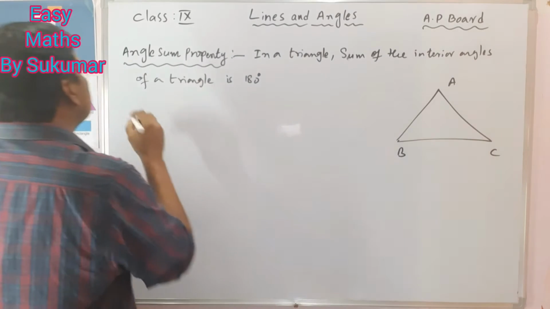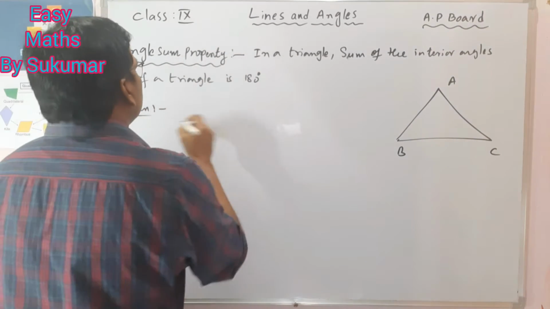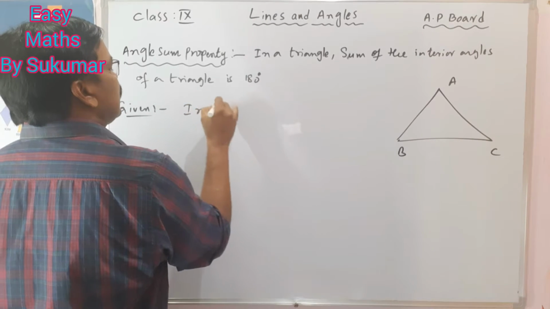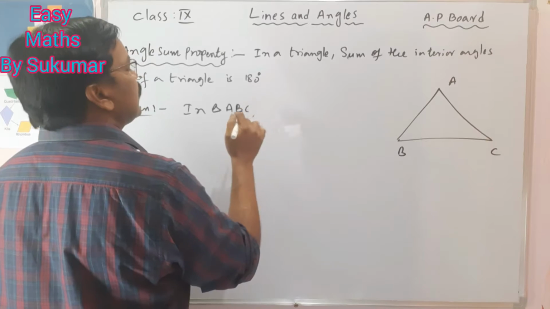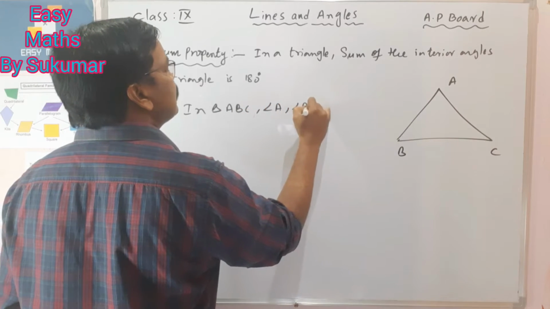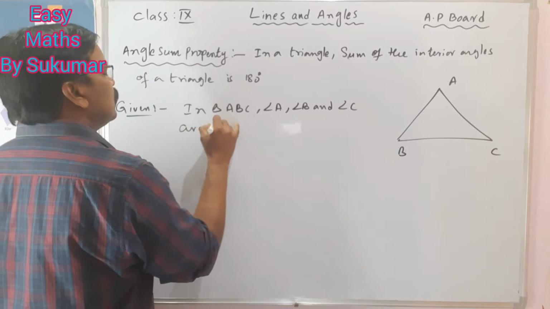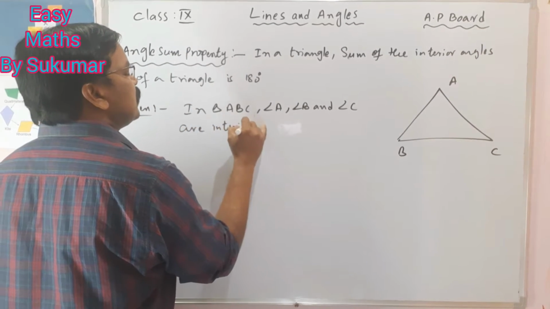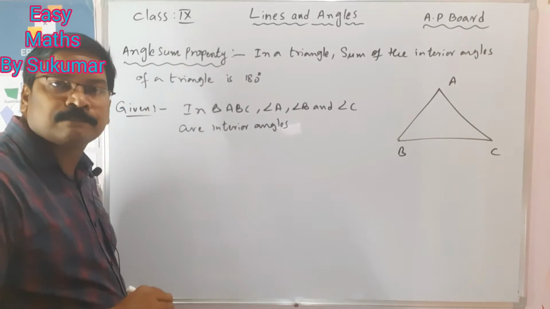To prove this theorem or this statement, in triangle ABC, angle A, angle B and angle C are the interior angles of triangle ABC.